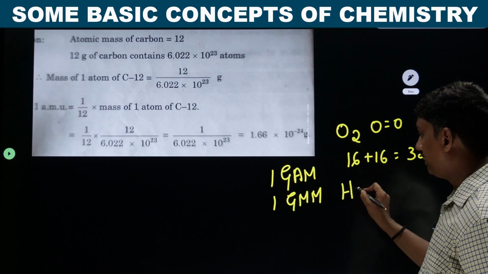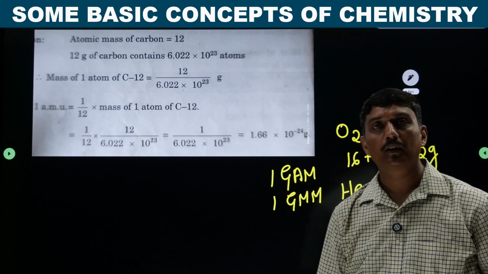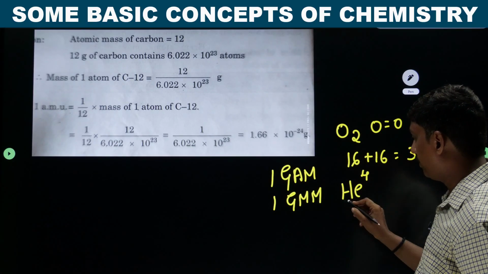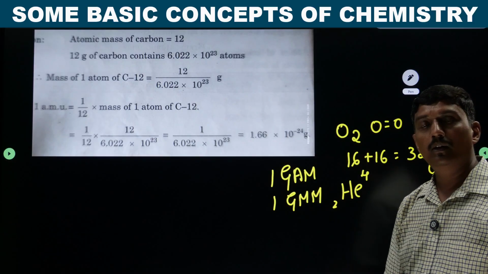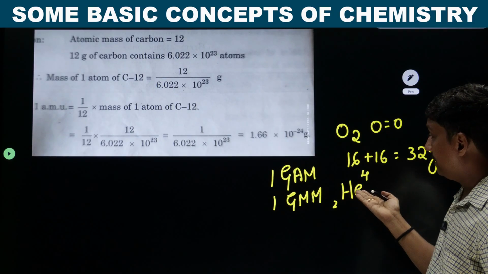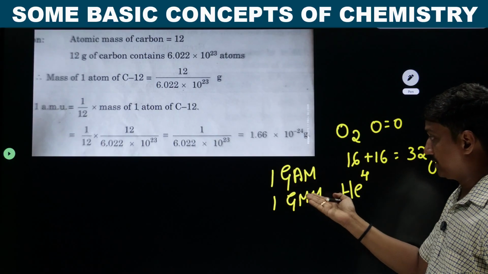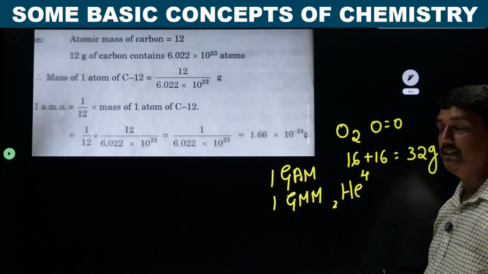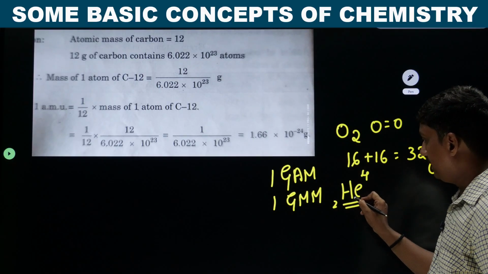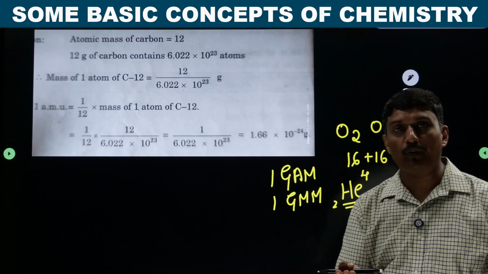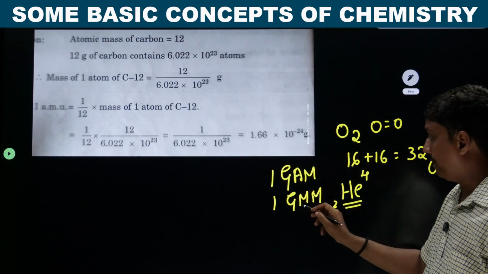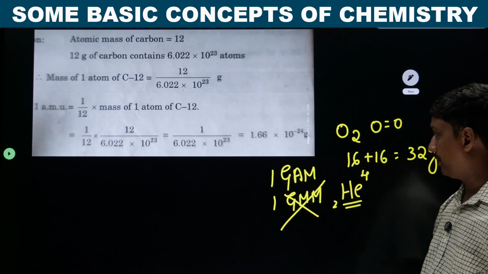Suppose it is helium, its mass number is 4, atomic number is 2. Then what is the representation? Is it GMM or GAM is the question. Look into the nature. Helium exists in the form of atoms. So we should take gram atomic mass, not gram molecular mass.